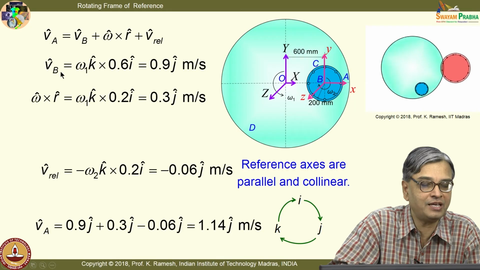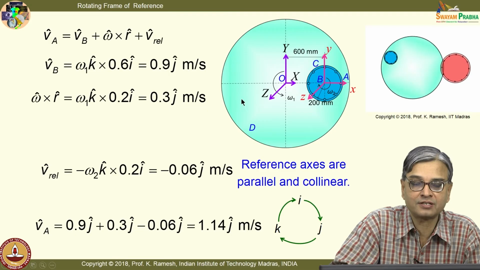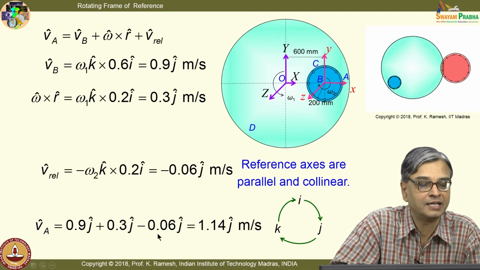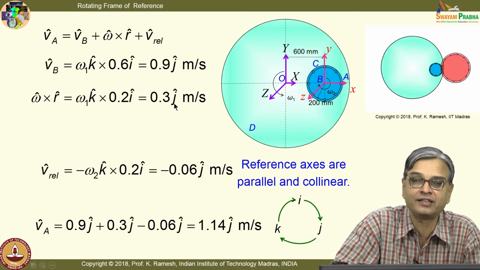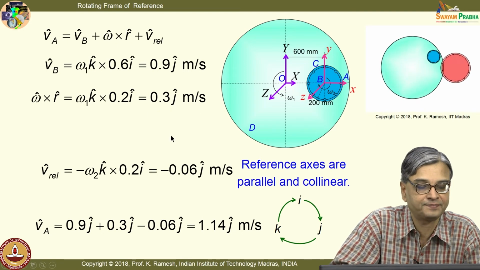So, I have V B equal to omega 1 k cross 0.6 i equal to 0.9 j meters per second. I have velocity of B, you have this omega 1, because you have this rotating with the platform, and this also I use same omega 1, I get this as omega 1 k cross 0.2, I get this as 0.3 j meters per second.